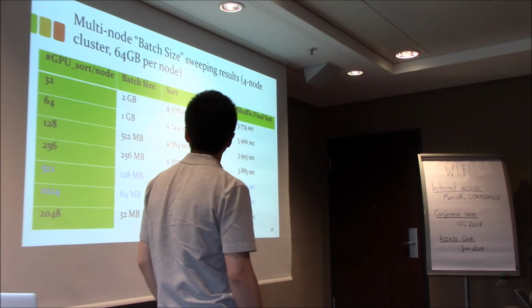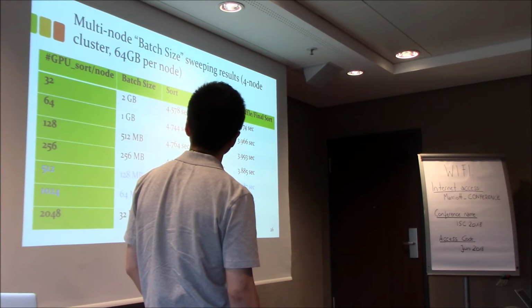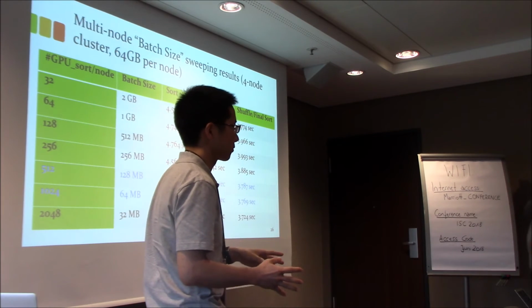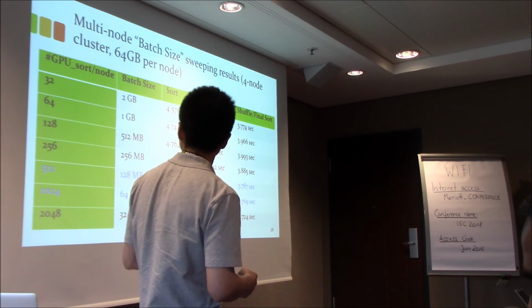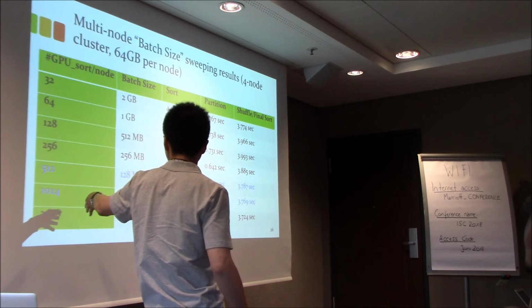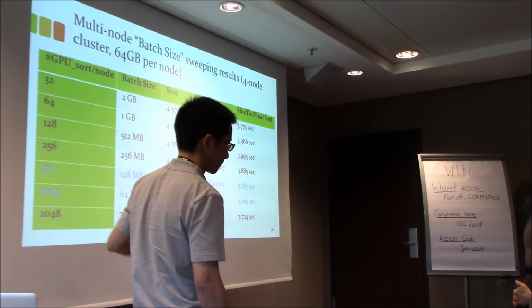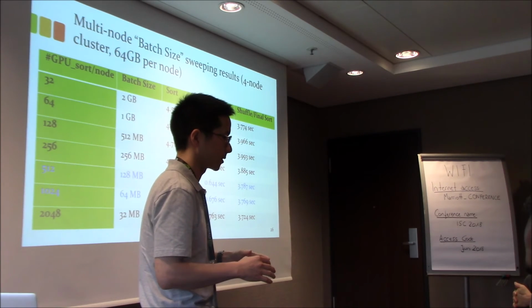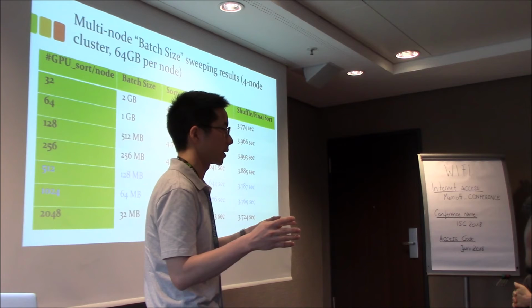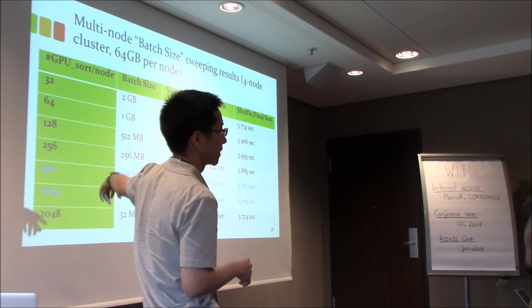So this is the multi-node sort result. On the 64 gig data, we have 4 Power 9 nodes in the cluster. The first column shows some sweeping results because, as I mentioned in the first slide, we cut the input data into slices. This shows how many slices we cut into.